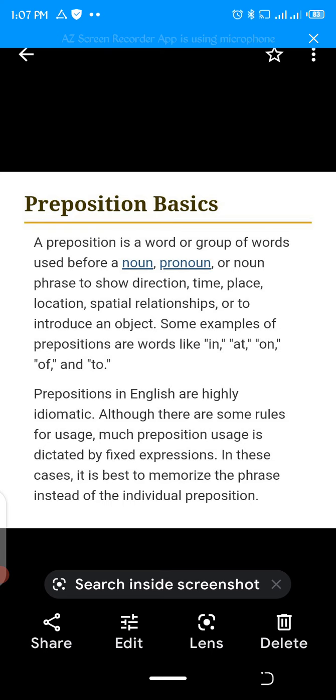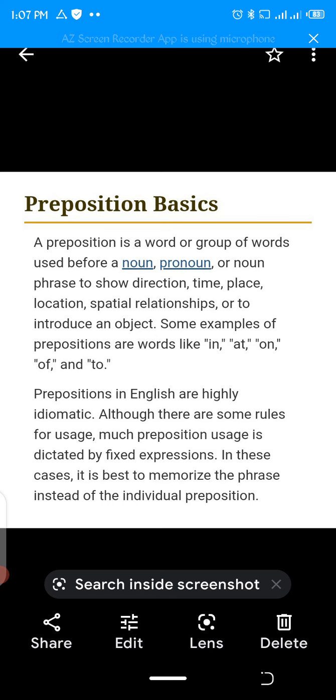So a preposition shows the relationship between these two or other things in a sentence. Some examples of prepositions are words like in, at, on, of, and to. Prepositions in English are highly idiomatic, although there are some rules for usage. Much preposition usage is dictated by fixed expressions.